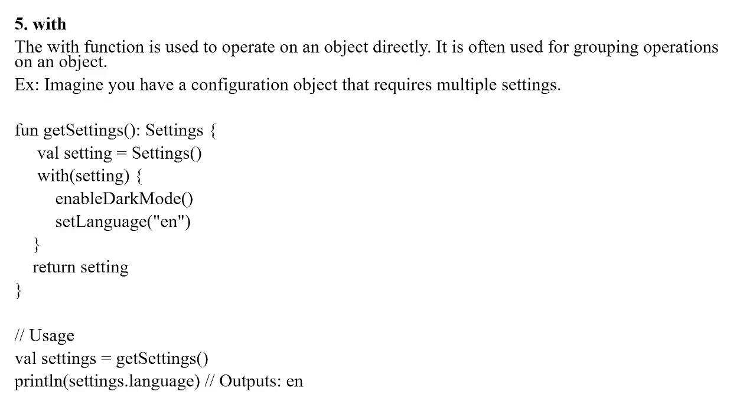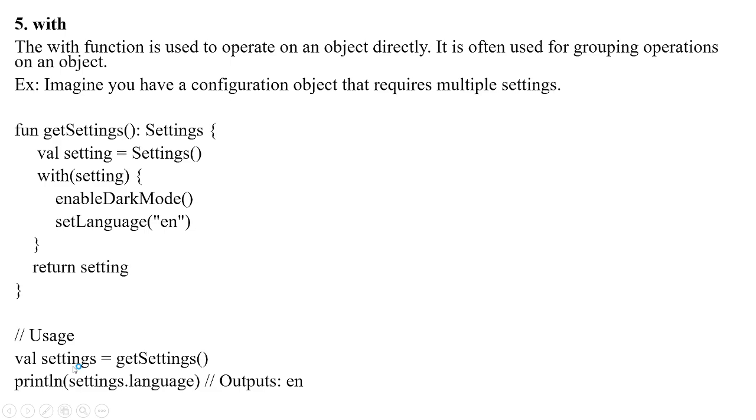In the last, we will discuss the with scope function. The with function is used to operate on an object directly. It is often used for grouping operations of an object. For example, we can configure a Settings object. Settings is a class. We create an object of that class and set values in it, like setting the language and enabling dark mode, and we return the settings object.